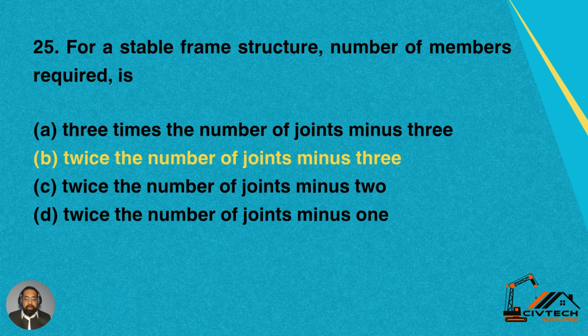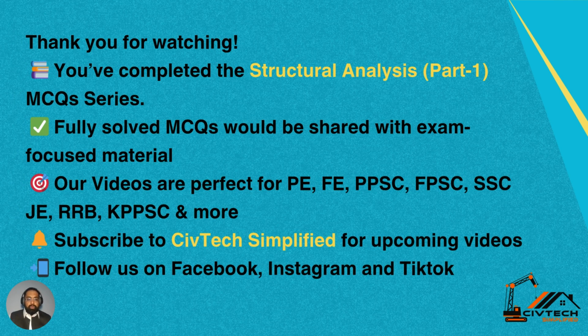Option C, twice the number of joints minus 2. Option D, twice the number of joints minus 1. For a stable frame structure, the number of members required is option B: we have to multiply the number of joints by 2 and then deduct 3. Twice the number of joints minus 3. So B is the correct option.